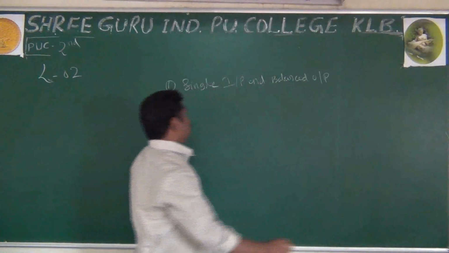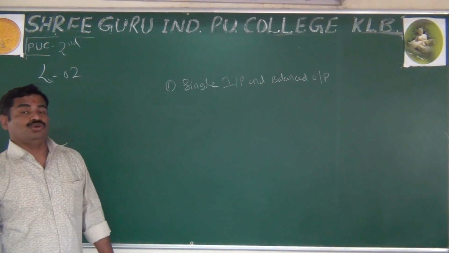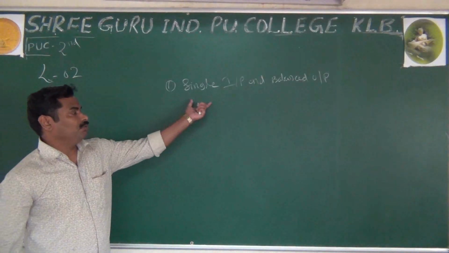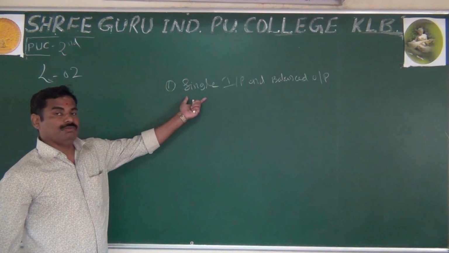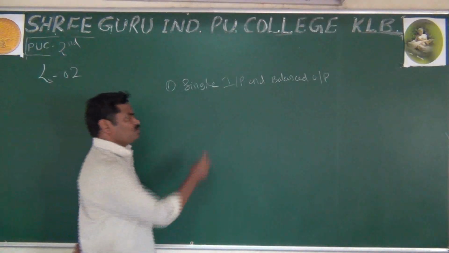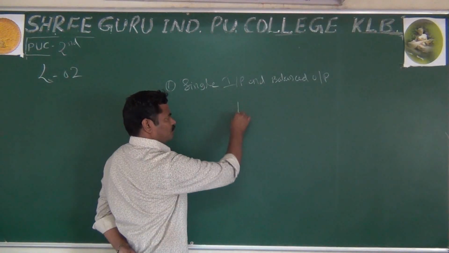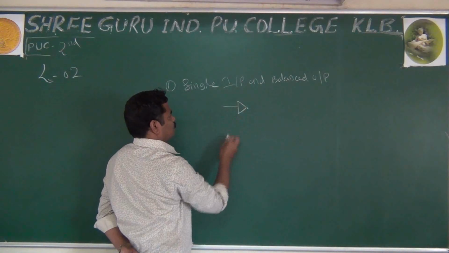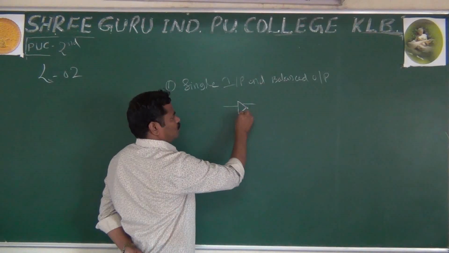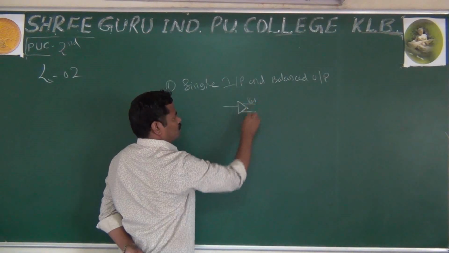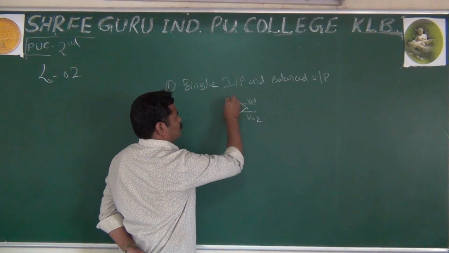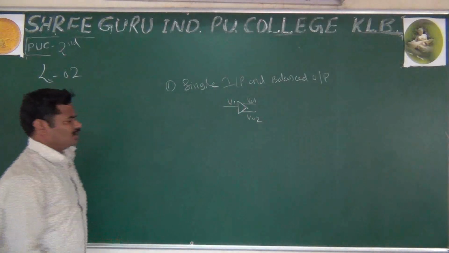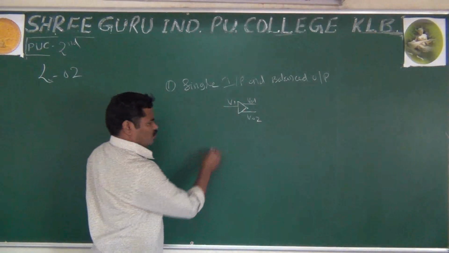It means here we have only one input, but we have two outputs. That is in brief this type of differential amplifier. Symbolically, it has only one input and two outputs, V01 and V02.